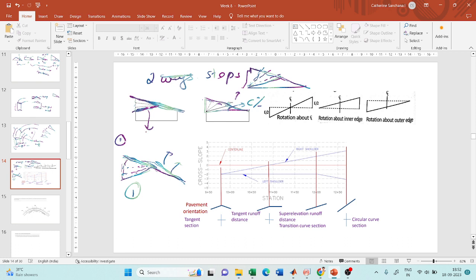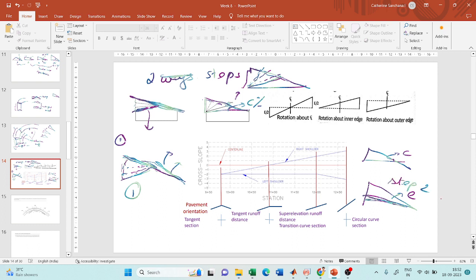So what is step 2? Step 2 is from this camber C, so this has a slope of C, I have to make it to E, so the slope has to be even steeper. This is called step 2.